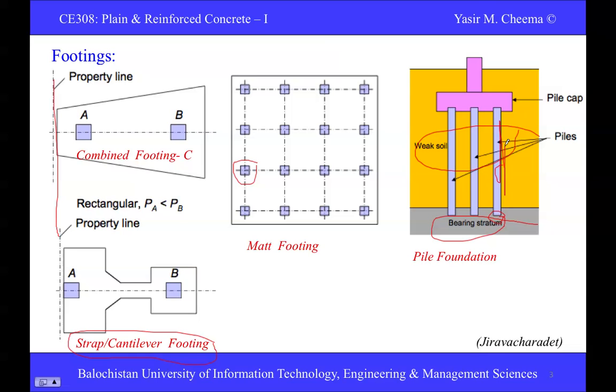Some piles transfer their loads through skin action or their shaft, some through the tip action, or in some cases both actions can be recommended. All these piles are supported with one pile cap, and the pile cap consists of piers or columns. This is called a pier or column, which further supports the structure.